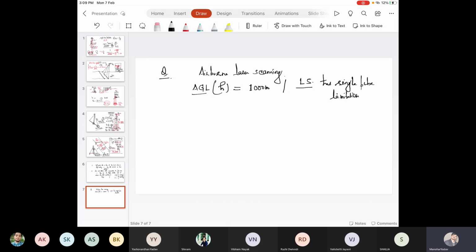Okay, then calculate the pulse firing rate max that we can obtain. Please solve it and raise your hand.